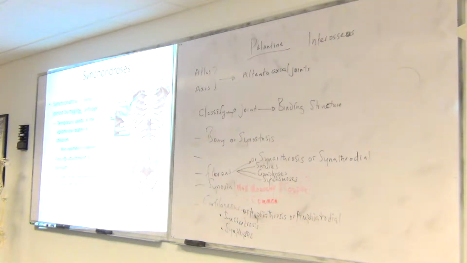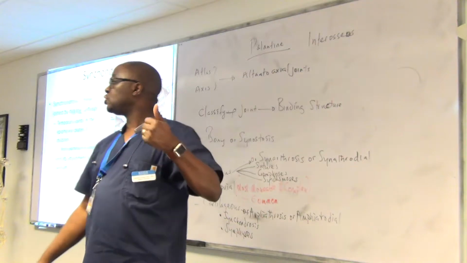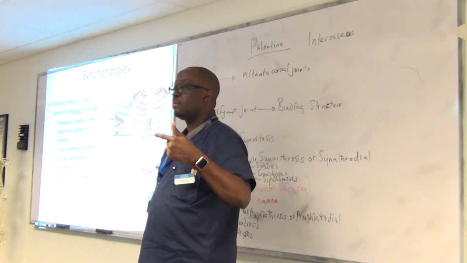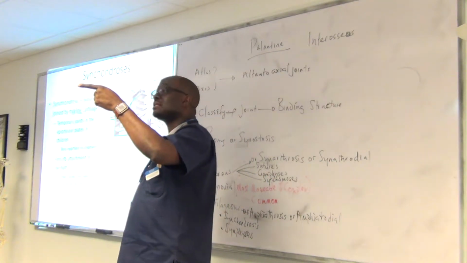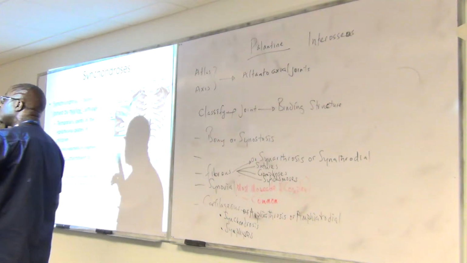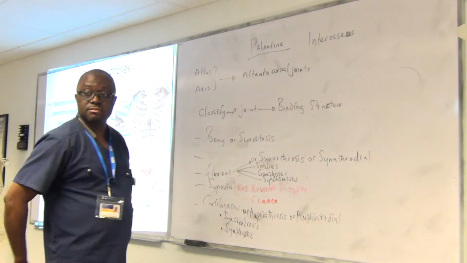Epiphysis and diaphysis. What are the two types of dwarfism? Pituitary and achondroplastic. So how will you differentiate pituitary dwarfism from achondroplastic?